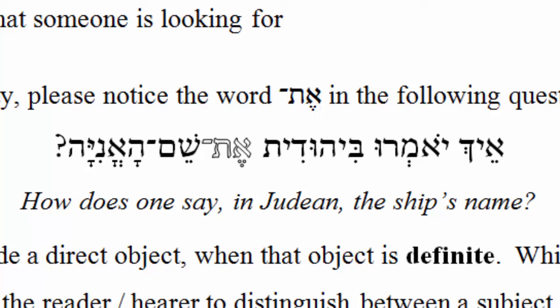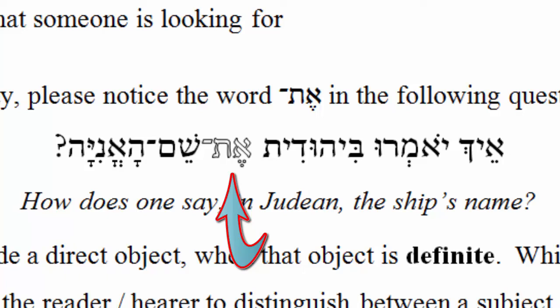Ech yomeru bihudit et shem ha'oniya. This sentence comes from the current Jonah episode, line 5. The word et will signal for us a definite direct object.